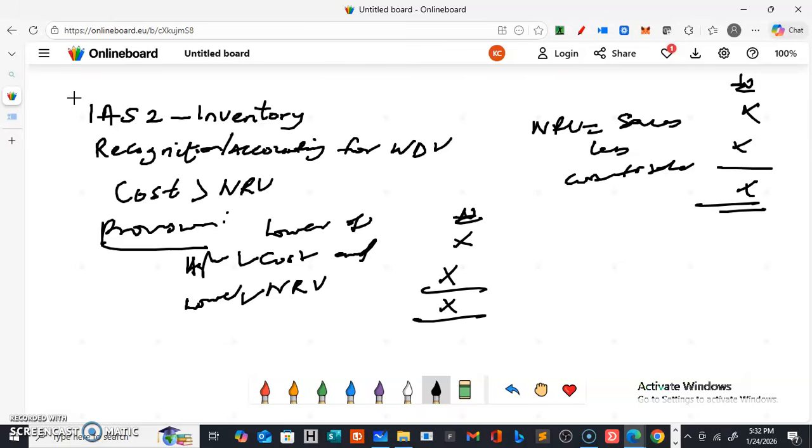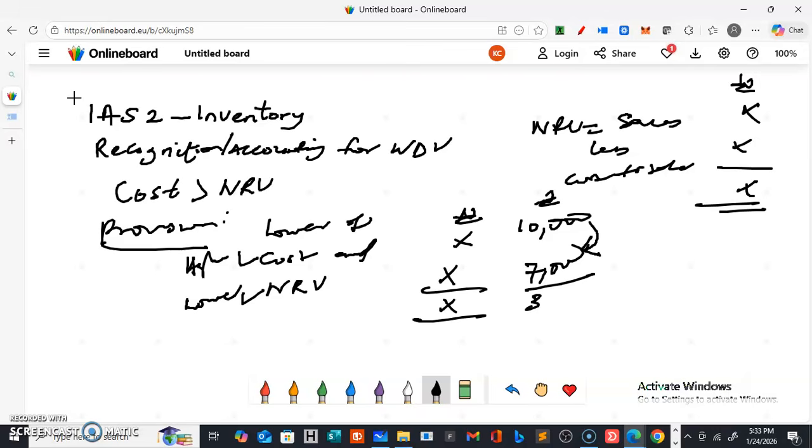For example, you bought an item for 10,000 naira, and the NRV, that is the fair value in the market, reveals that the asset can only get you 7,000 naira. So therefore, there is a written down value of how much?